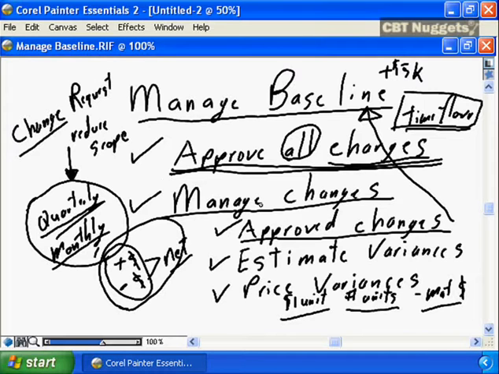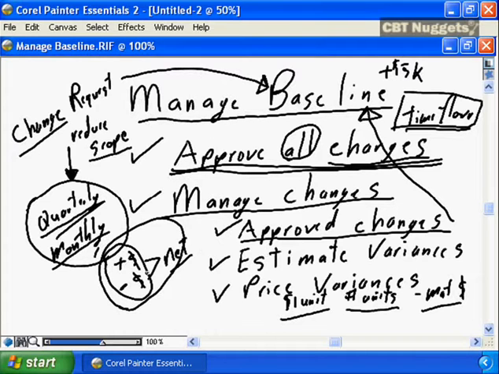And the same as business originated approved changes, you now have an approved change, which in fact is going to change the project baseline. The change request for reducing scope is going to allow you to deliver your cost baseline within the original plan, but the reduced scope is going to change the scope baseline, or the change request is going to result in a change to the time baseline.